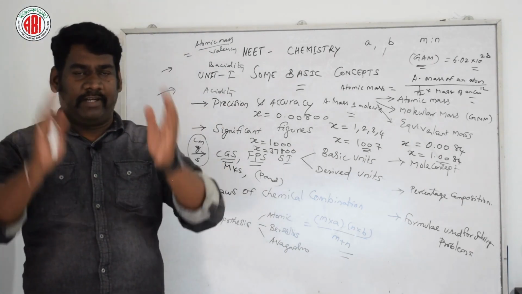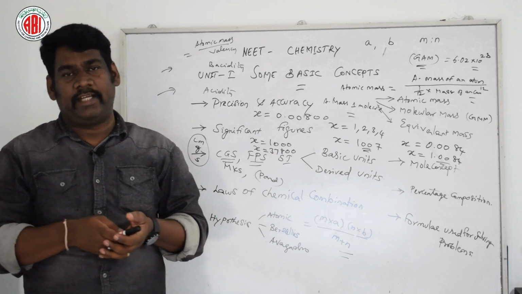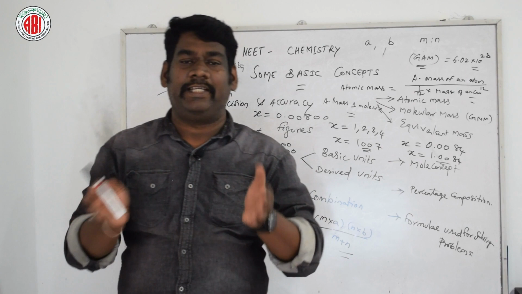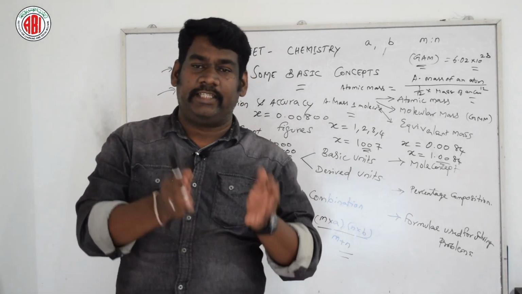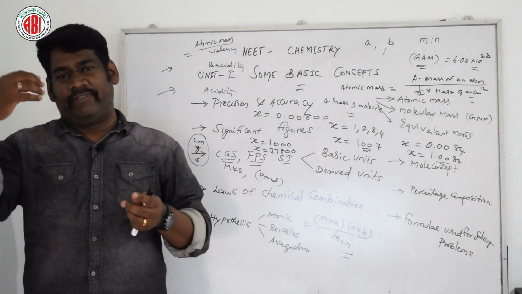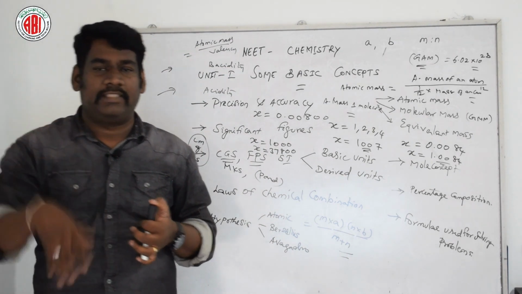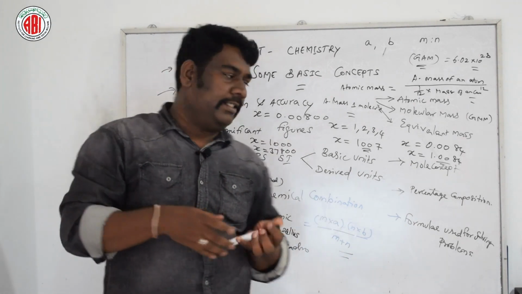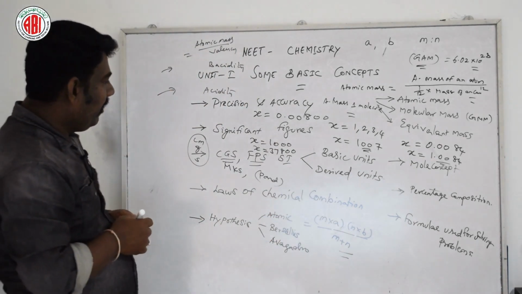For example, in the hydrogen displacement method, the equivalent mass of the metal is the mass of the metal by mass of hydrogen displaced into 1.008 gram of hydrogen.